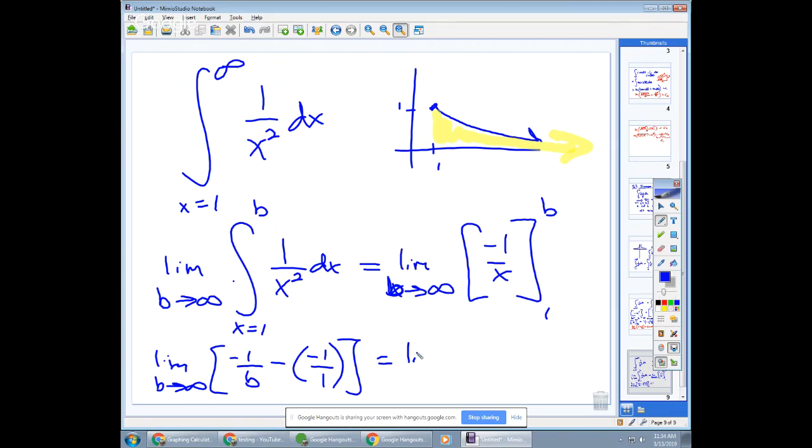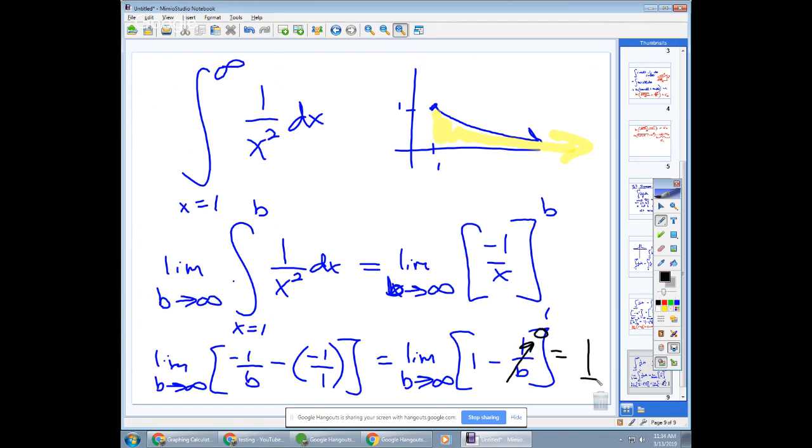I'm just going to change the order: the limit as b goes to infinity of 1 minus 1 over b. And what happens as b goes to infinity this time? 1 over a really big number is a really small number. It goes to 0. So in the limit, that fraction goes to 0.